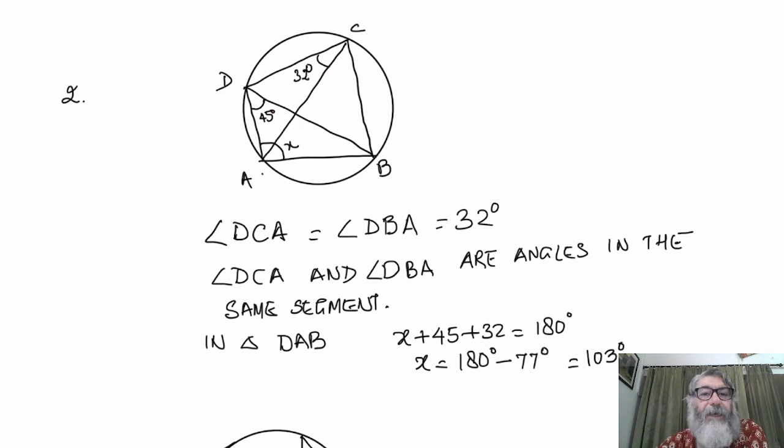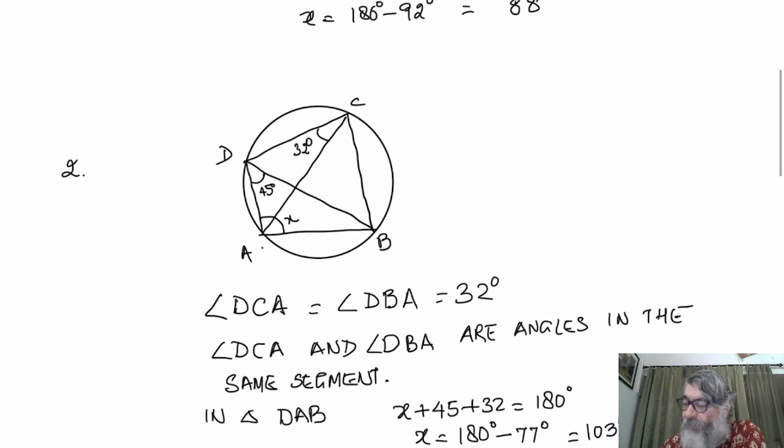Now you will say, why can't we apply that thing also? That angle ADB, I'll write on top because I don't have place here. Angle ADB is equal to angle ACB, which is equal to 45 degrees.